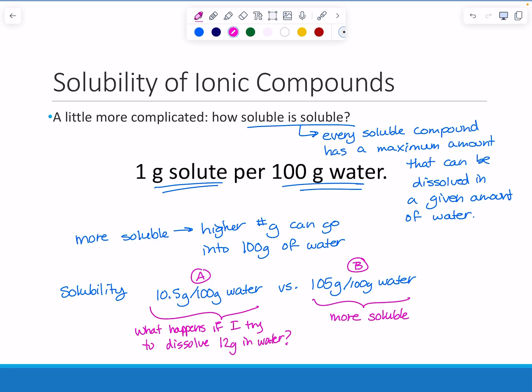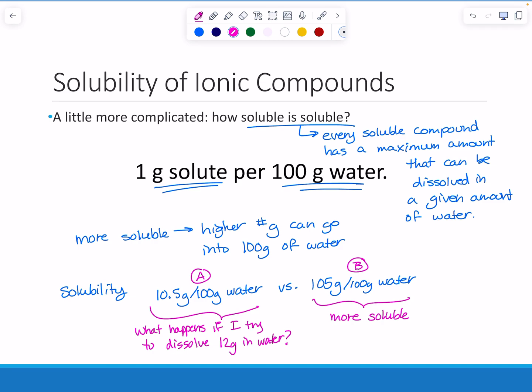Can we all agree that the first 10.5 grams is going to dissolve and the ions will be surrounded by water? So what happens to that extra 1.5 grams? Well, that extra 1.5 grams is not going to dissolve, and it's just going to sink to the bottom of my solution. So you can make what we call a saturated solution by putting the maximum amount of stuff into the water.